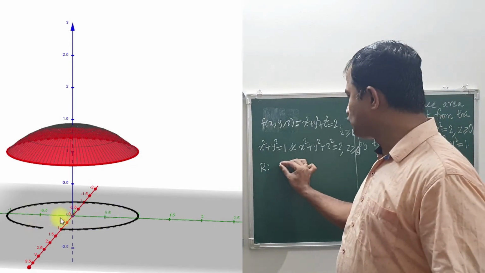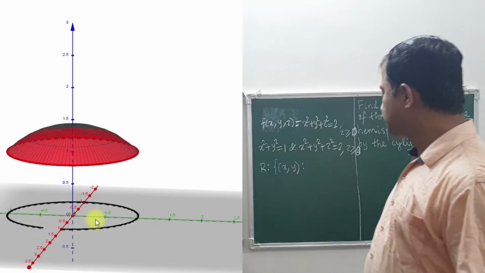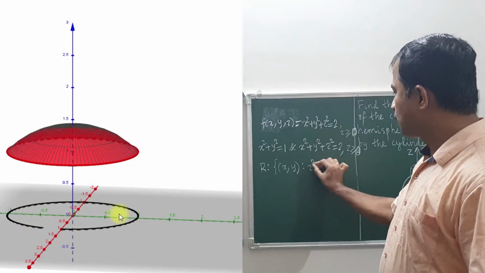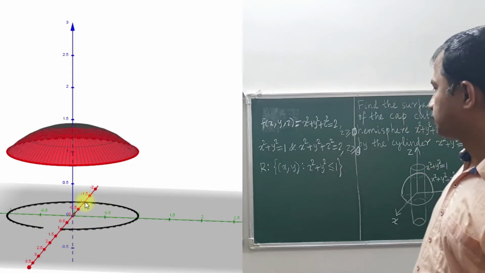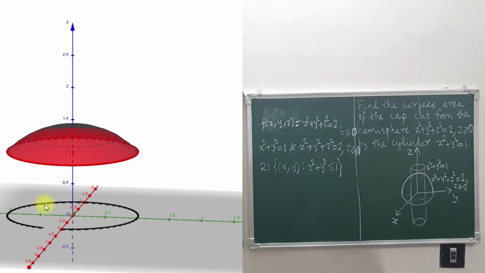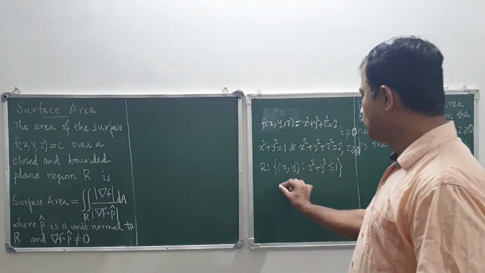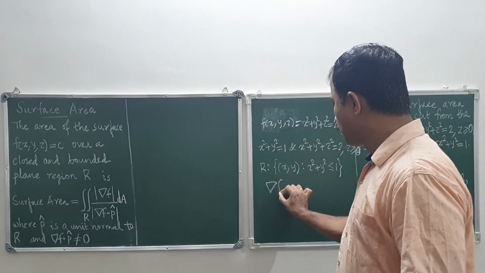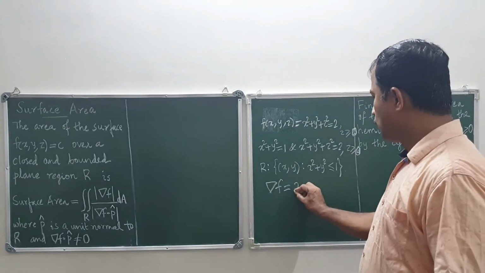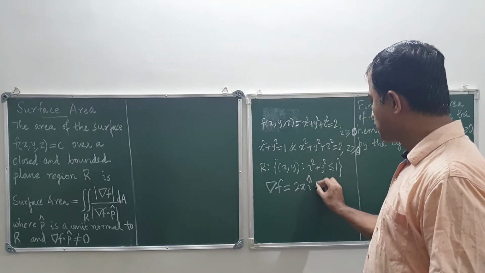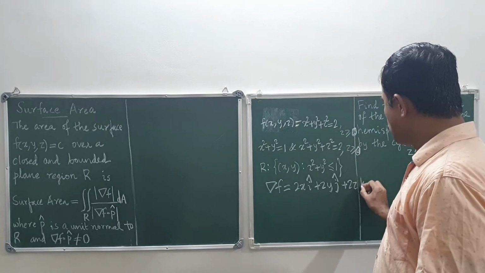So this R is the set of all x, y such that x square plus y square is less than or equal to 1. Now we have to use this formula. For that purpose we find grad f. Grad f is equal to 2x i plus 2y j plus 2z k.